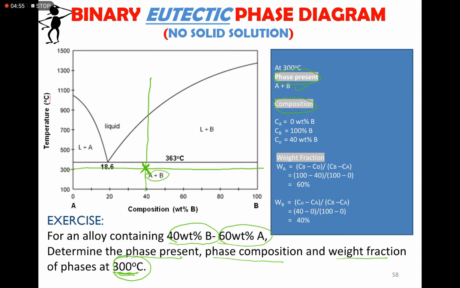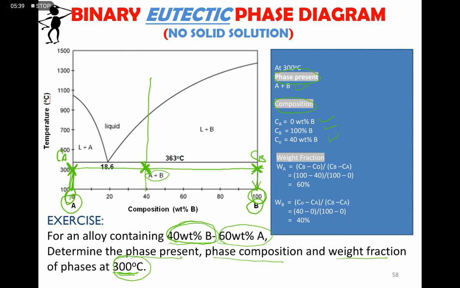Here you get Ca, and your right side is Cb. Ca is 0 weight percent B, and Cb is 100 weight percent B. C naught is 40 weight percent B.